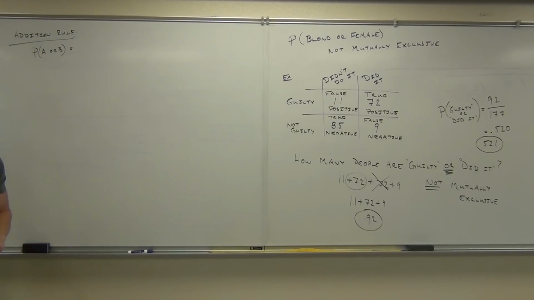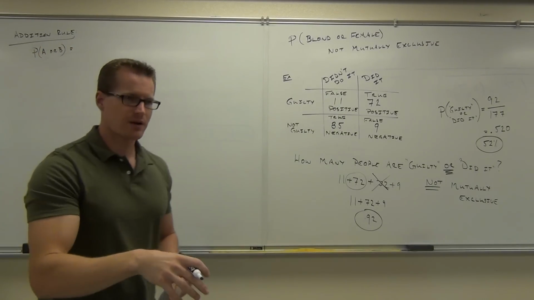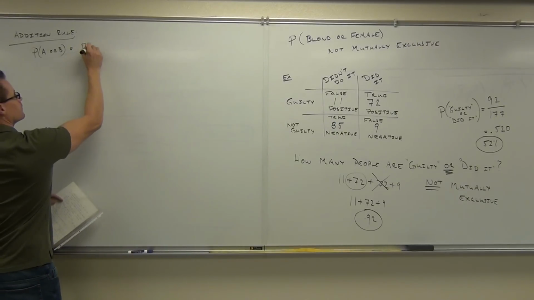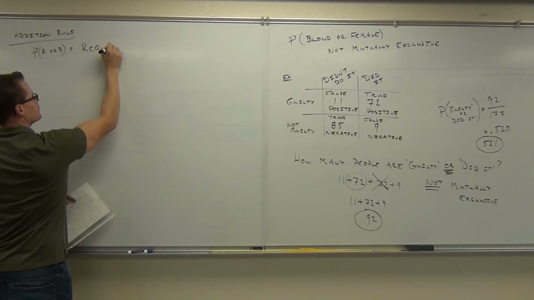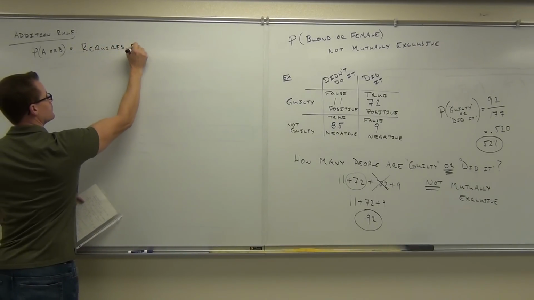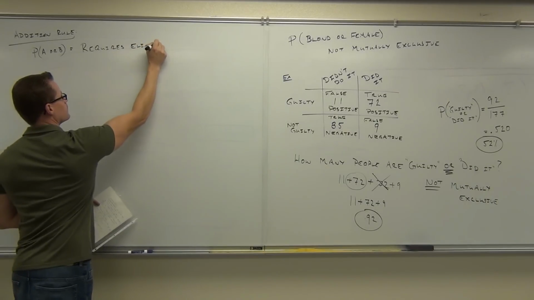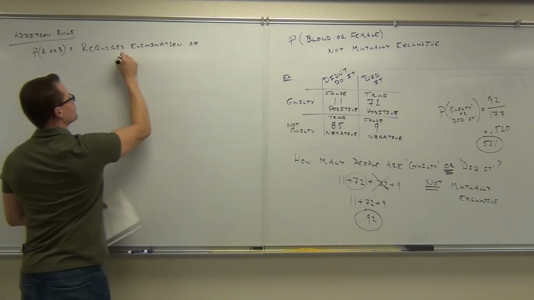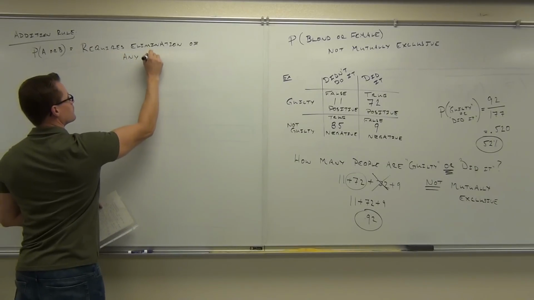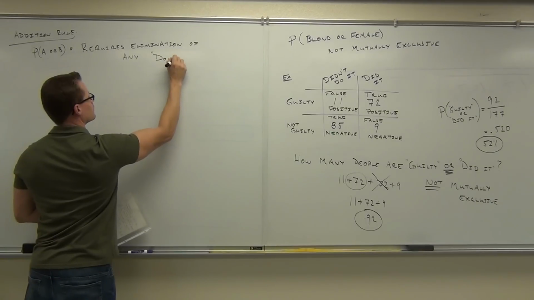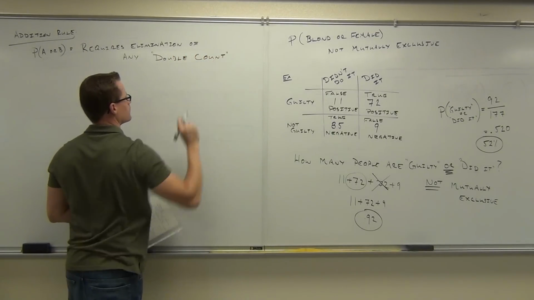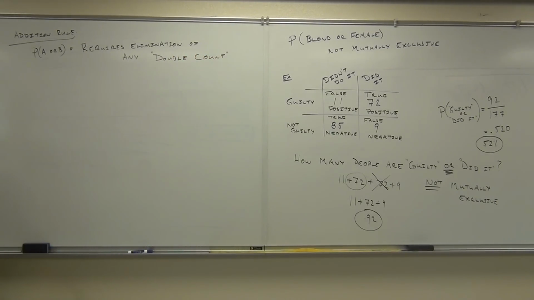So the probability of A or B requires elimination of any double count.